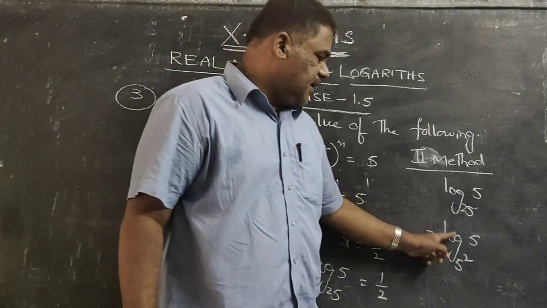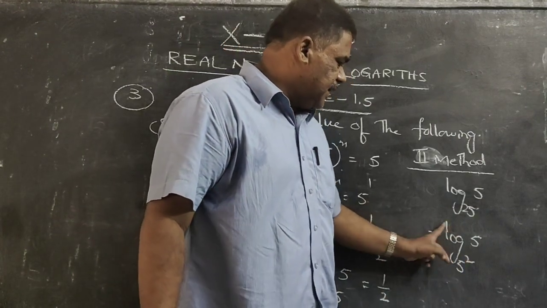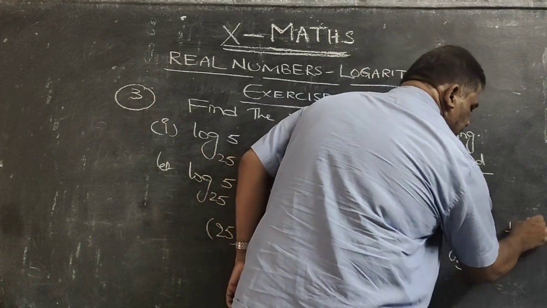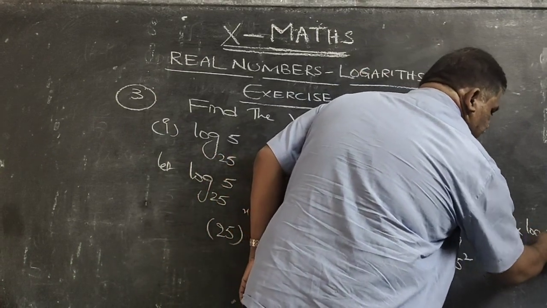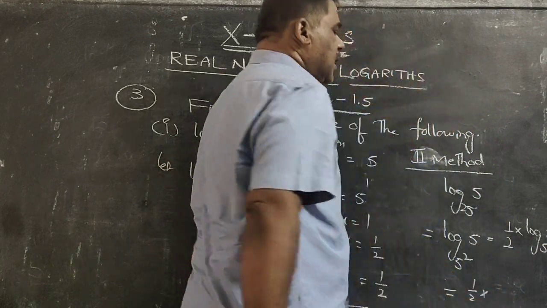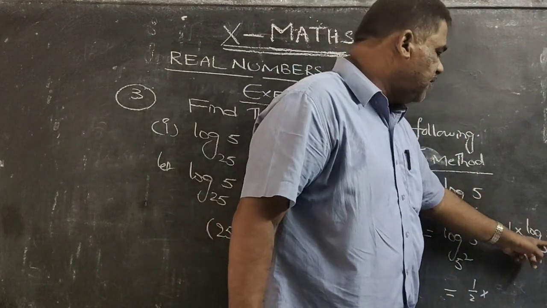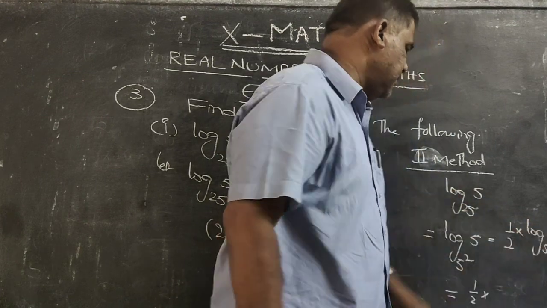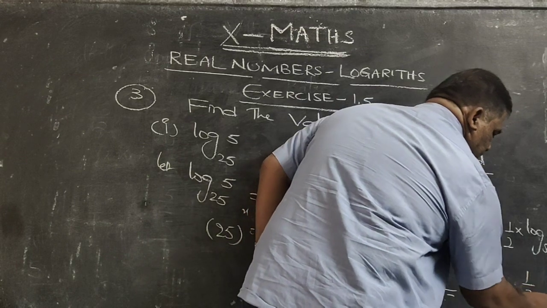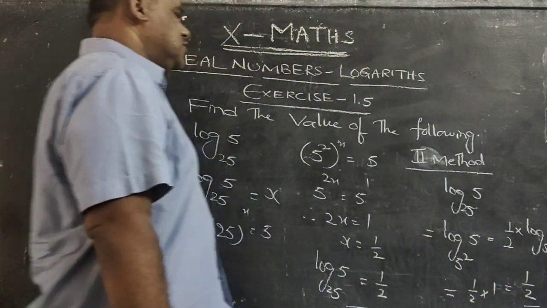Already we learned that if the base has power, it comes as 1 by 2. So it will become 1 by 2 into log 5 base 5. Logarithm of a number itself as the base. If these two are same, then the answer is 1. Therefore, 1 by 2 into 1 is 1 by 2. Like this also we can do.